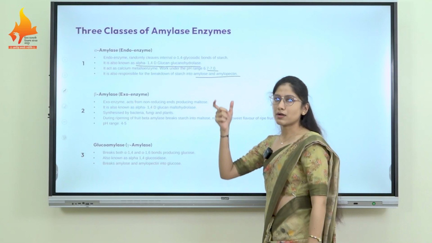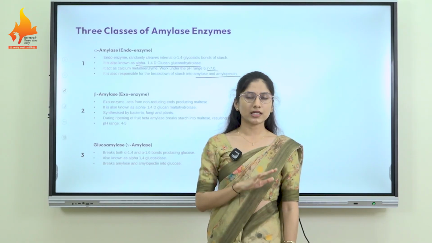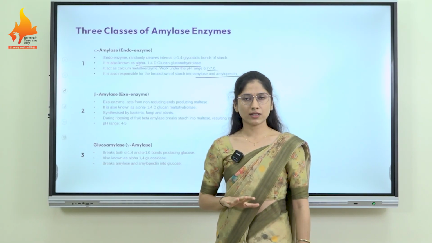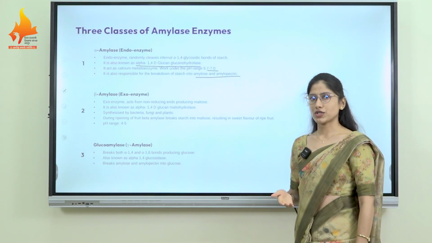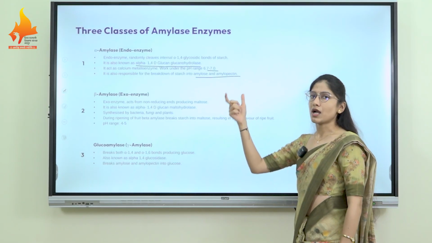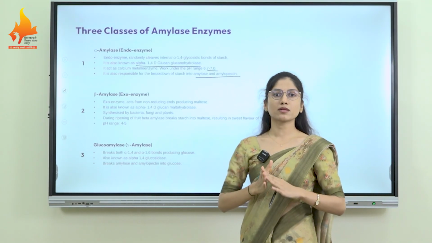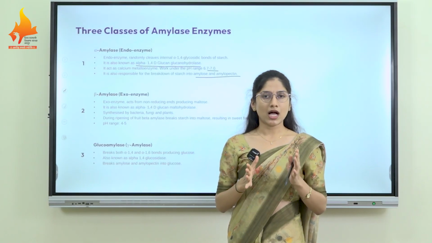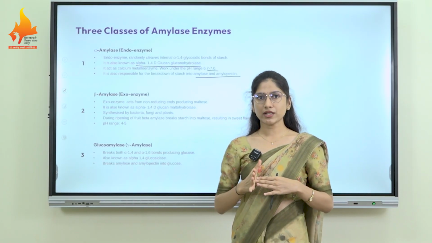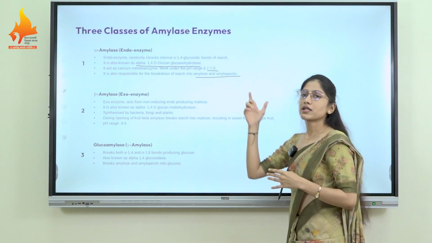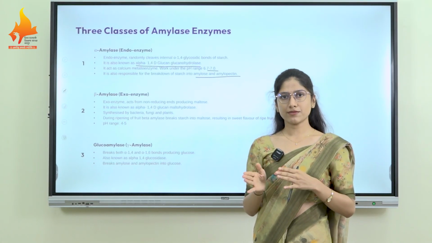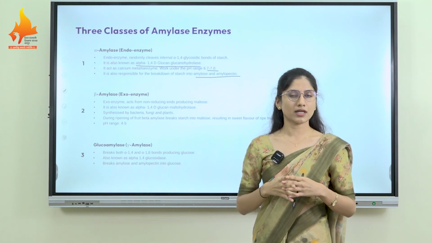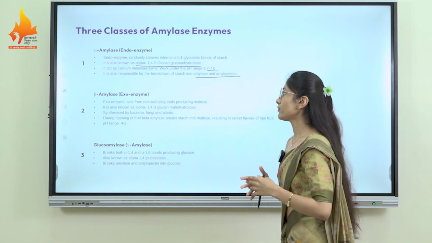The structure of amylose is a linear unbranched chain, and amylopectin is a highly branched chain. Amylose is cleaved at alpha-1,4 glycosidic linkages, and amylopectin is cleaved at both alpha-1,4 and alpha-1,6 glycosidic linkages.